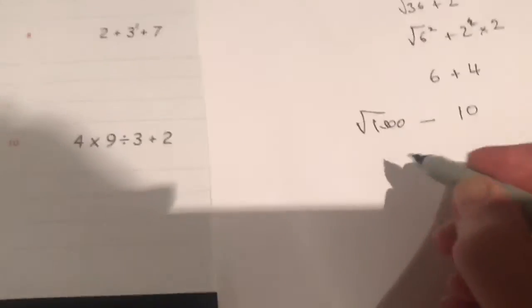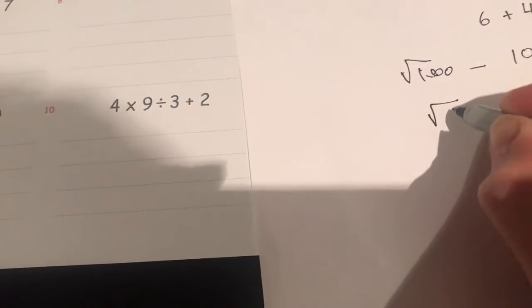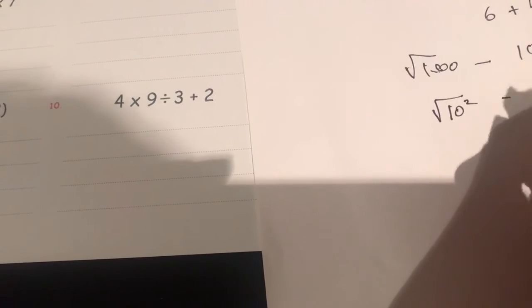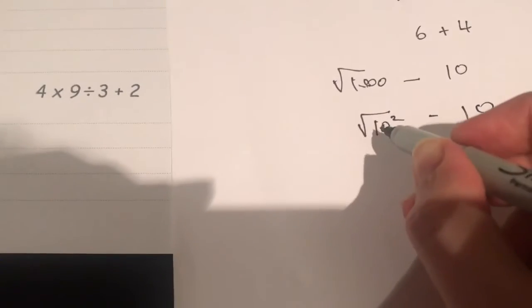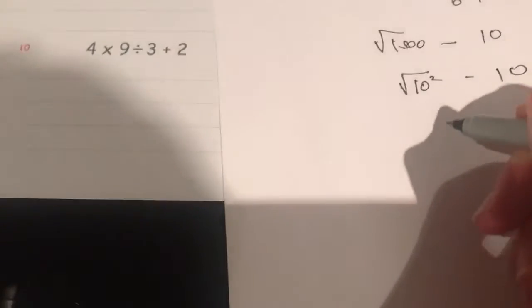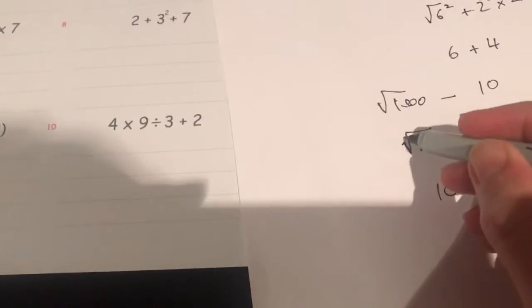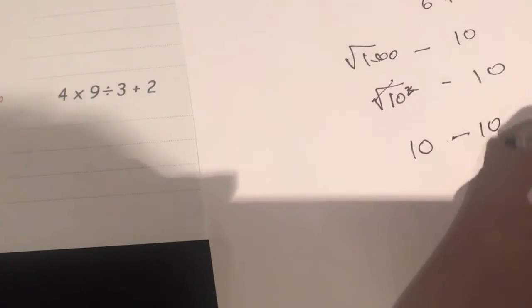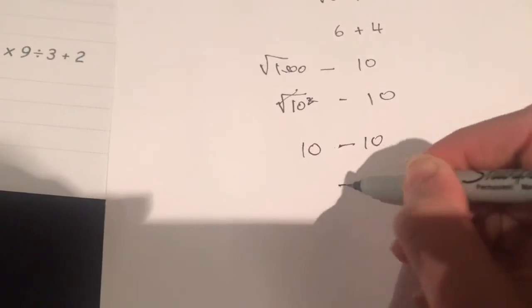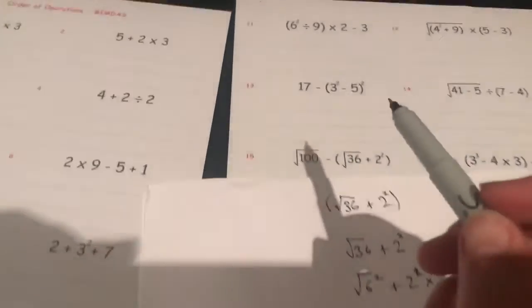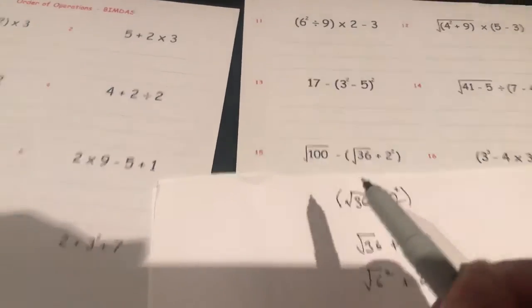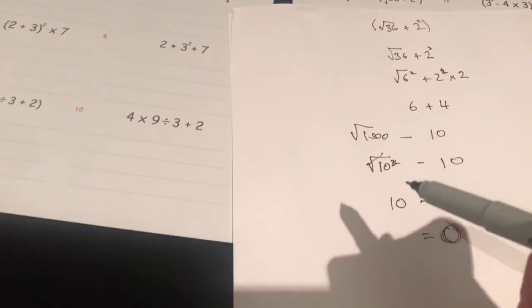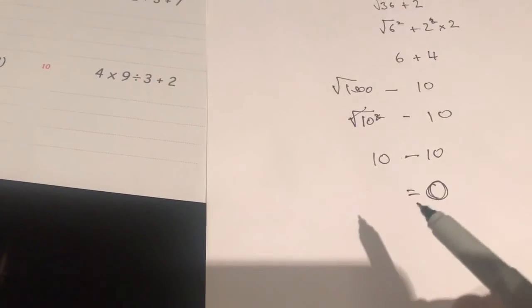The square root of 100 is 10, because the square root cancels out the squared. 10 take away 10 is 0. So if you solve this by going through BIMDAS, we'll get 0.